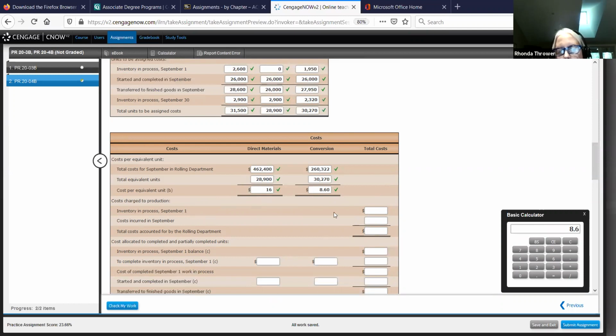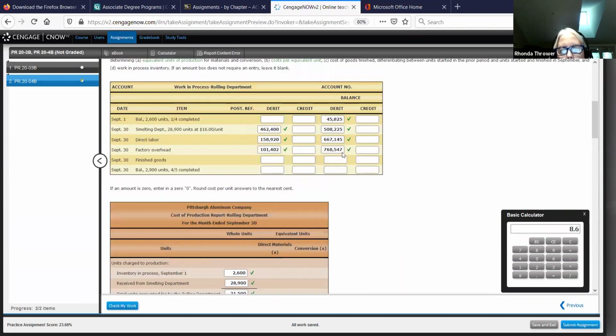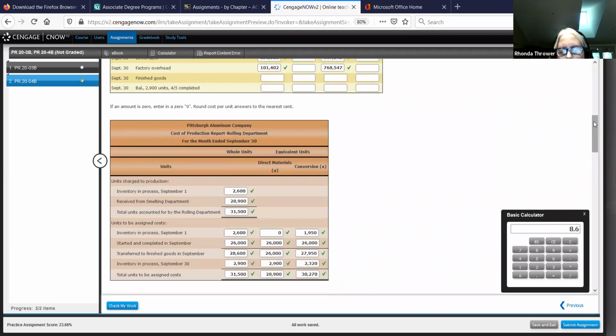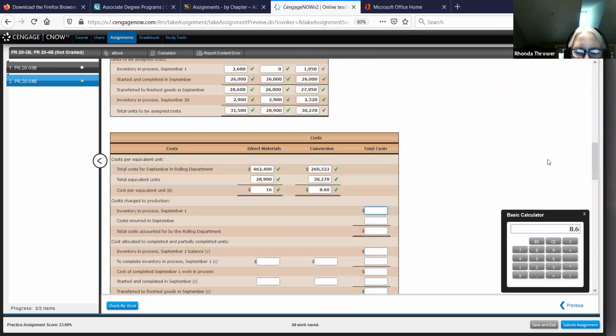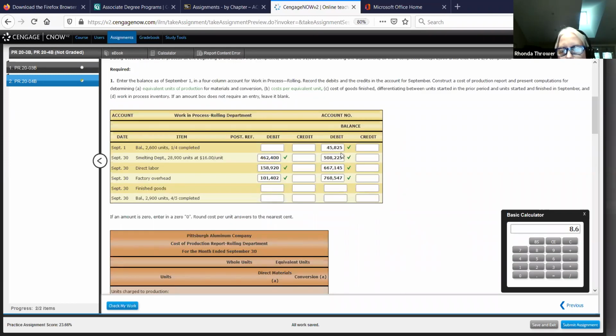We're going to start with our beginning inventory cost that was brought forward, and that was given, and the amount of the beginning inventory was $45,825. $45,825 is your beginning inventory cost.